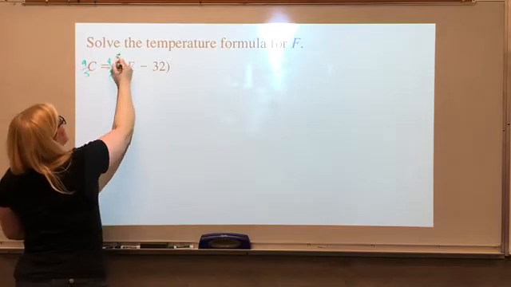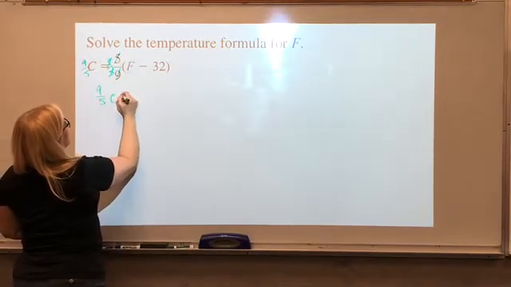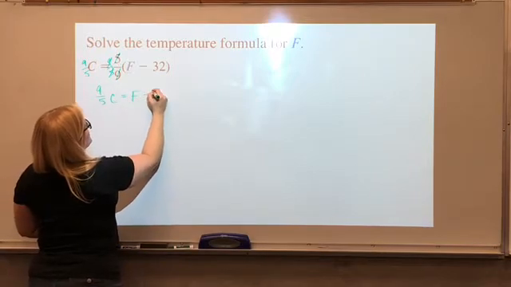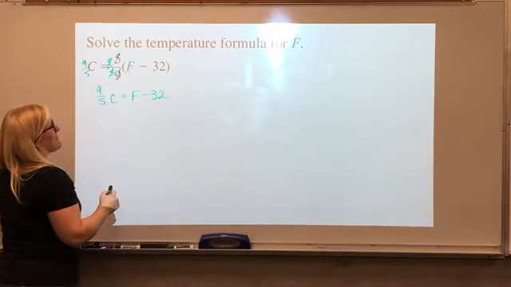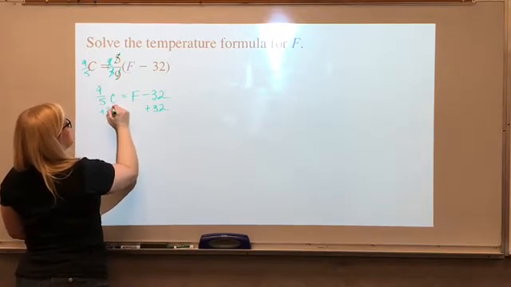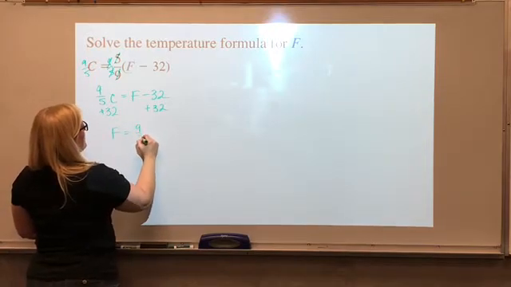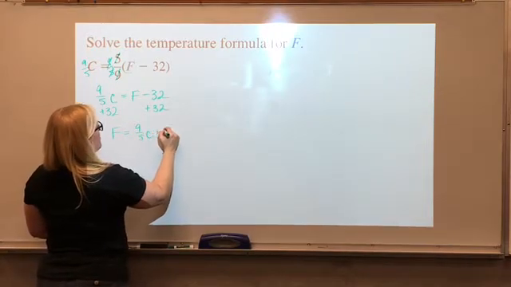But the 5's cancel, the 9's cancel, and I have 9/5 C equals F minus 32. Okay, then I just need to add 32 to both sides, and I get Fahrenheit is 9/5 Celsius plus 32.